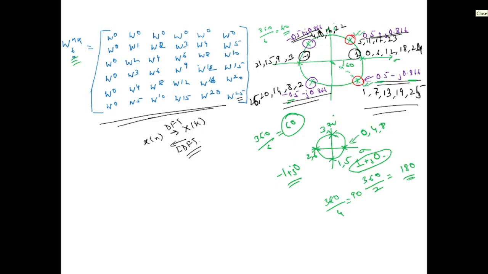Then again 60 degrees somewhere here, 60 degrees over here. In that way you will be going. So see, 0, 1, 2, 3, 4, then 5, then 6, 7, 8, 9, 10, 11, 12, 13. In this way it is going, and we went up to 25 because in the twiddle factor matrix we will be needing values up to 25.